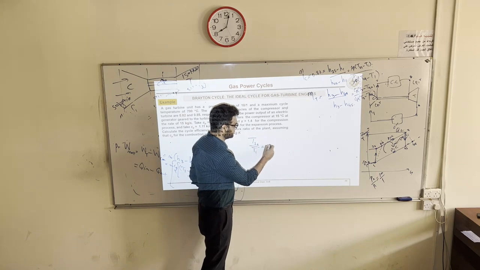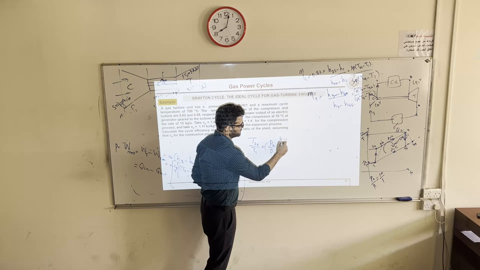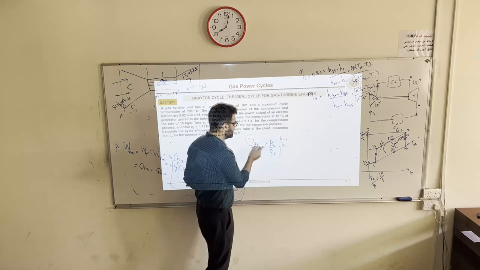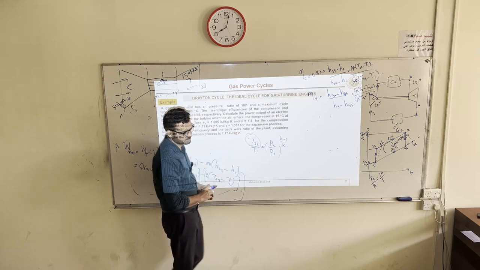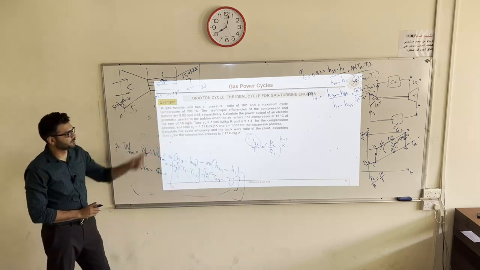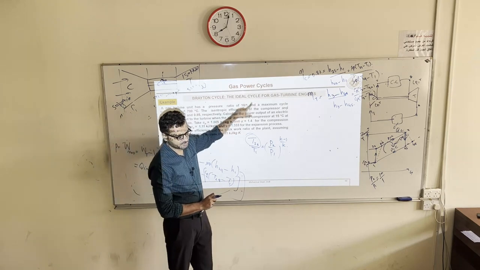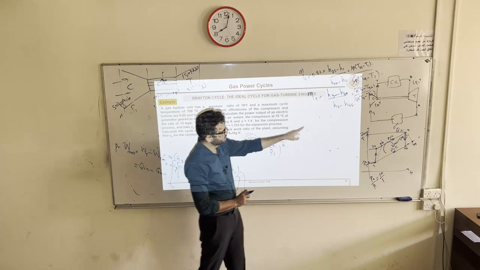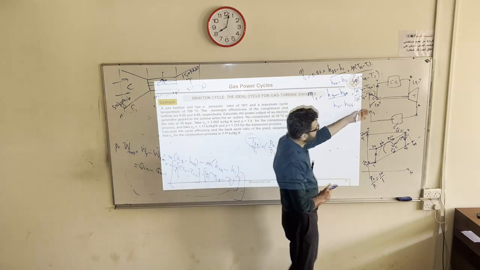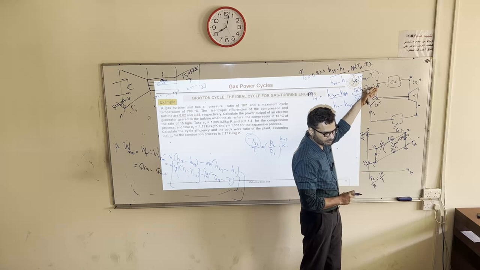T2S over T1 is equal to P2 over P1 to the power K minus 1 over K. So find out T2S in Kelvin. Pressure ratio is given 10 to 1. That's what you have decided. So this should be the pressure ratio. And what is K? Here it's air, pure air, 1.4.